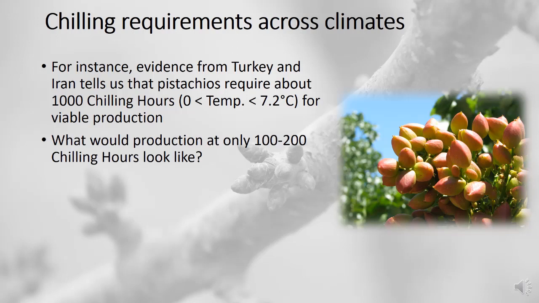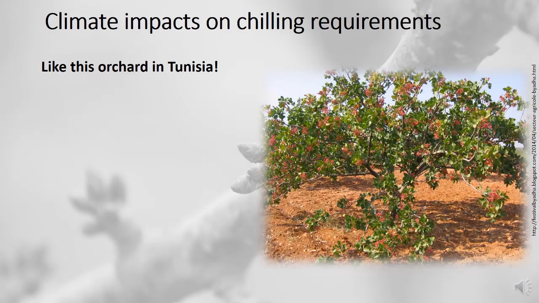The interesting question then becomes what would production look like if we only had, say, 100 or 200 chilling hours? How would the trees perform if we had a lot less than what's been published as a requirement? Well, maybe like this orchard in Tunisia. Here we also have a pistachio tree, also grown in a commercial orchard, and of course also requiring chill.